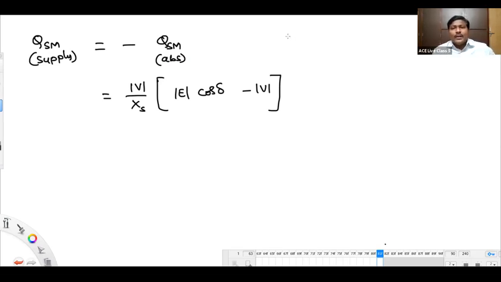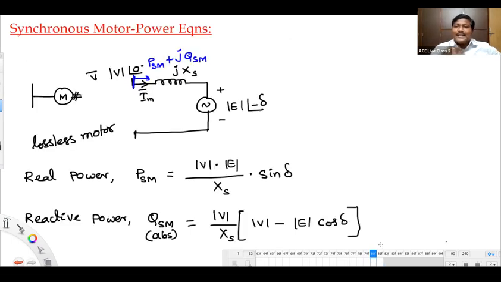Listen, all of you. Actually, we will be designing the motor to meet the mechanical power demand. But right now, we want to use it as a reactive power compensator. Let us operate the machine under no load and see what will happen.